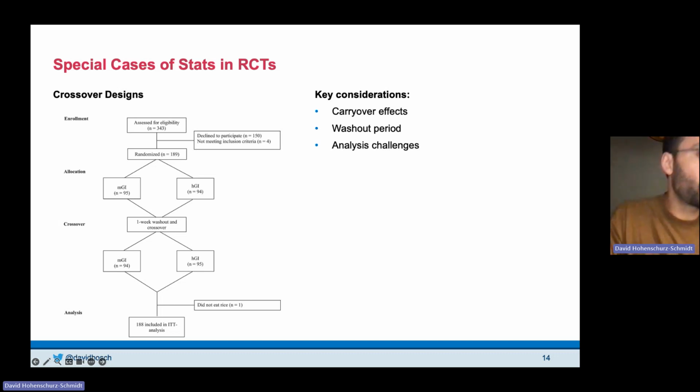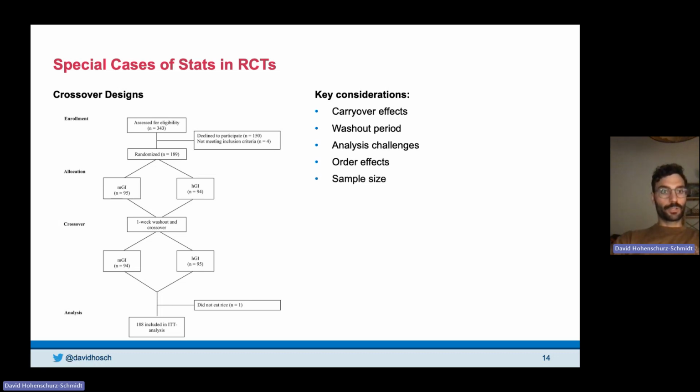Usually you can use an independent sample t-test, which assumes that groups are actually doing something different. Suddenly you have more links between individual treatment periods because you're using the same participants. That needs to be accounted for. Order effects is what I referred to initially. Does it matter whether you receive MGI first or HGI first on what you then do after the crossover?